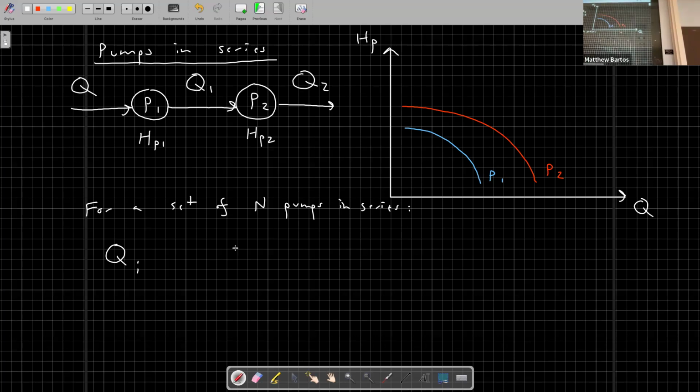Yes, they'll be equal. So for pumps in series, the flow rate through every single pump has to be the same. So I'll say that QI is equal to QJ for all I and J. In other words, the flow rate through all the pumps is the same.